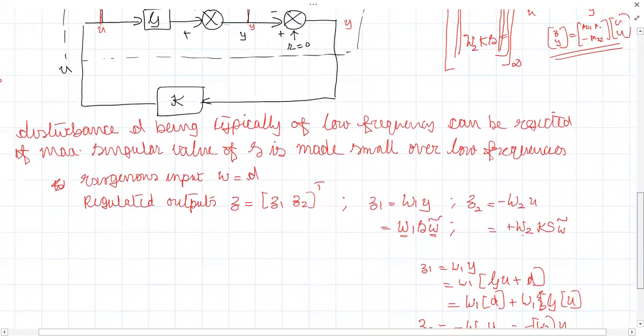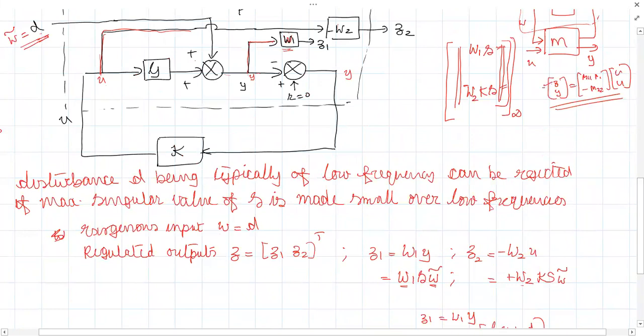So you see, we wrote the Z terms. Now what next? The output equation. What will be the Y equation? What is y from here?